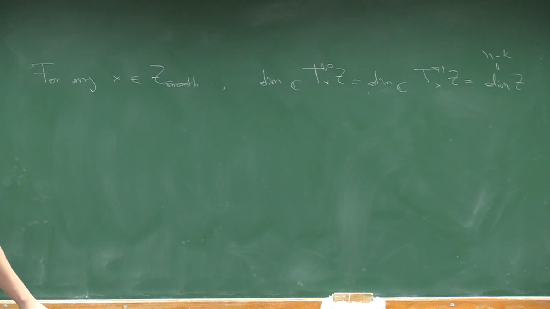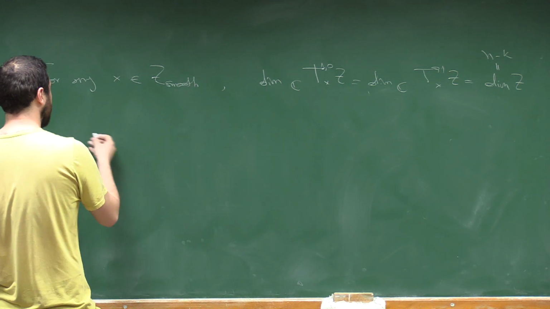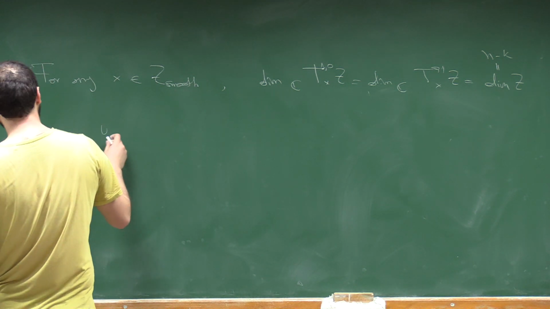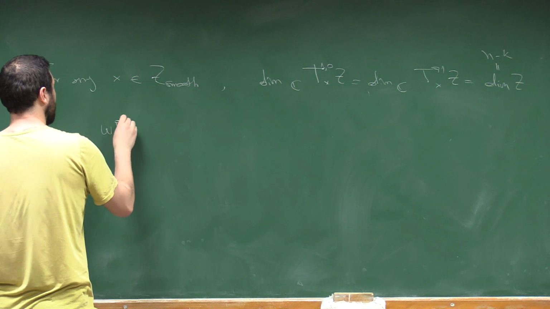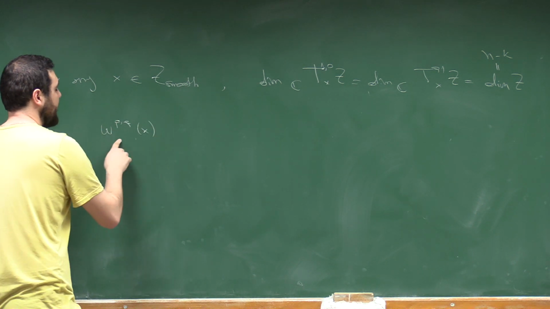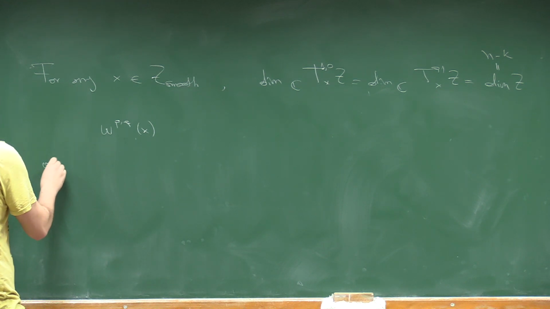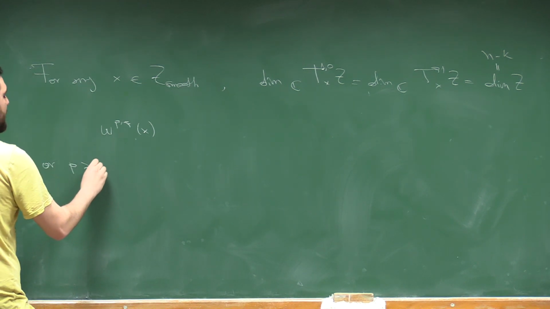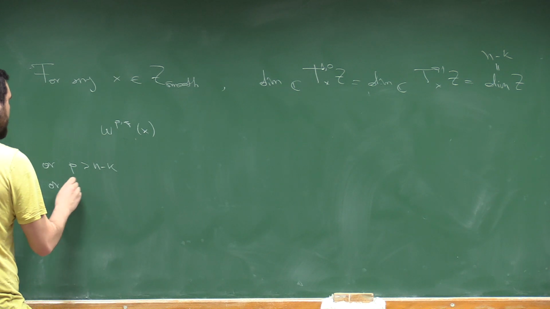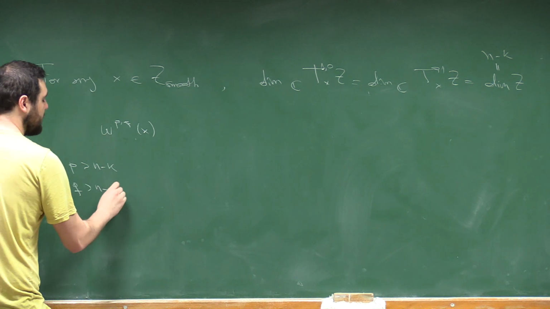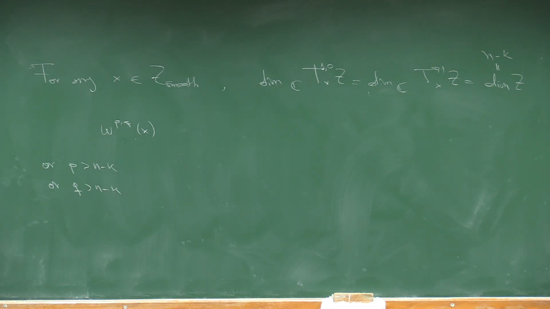And so whenever we restrict this form, omega pq, at the point x, either p is bigger than n minus k, or q is bigger than n minus k, since p plus q is 2n minus 2k and p is different from q.